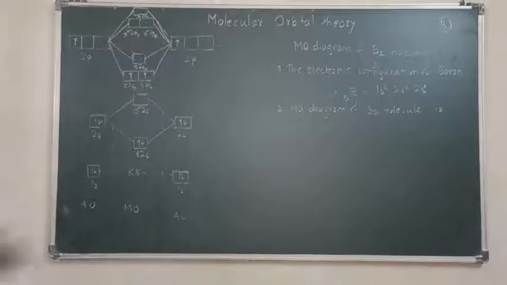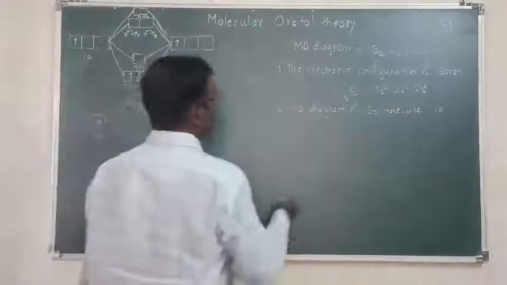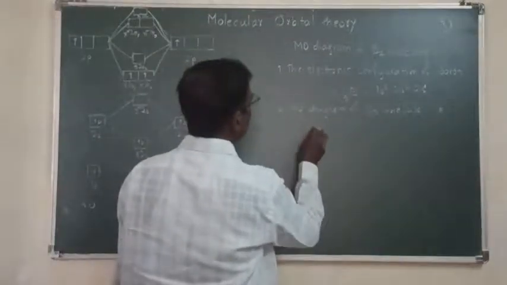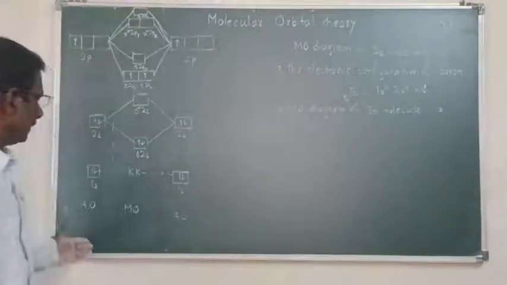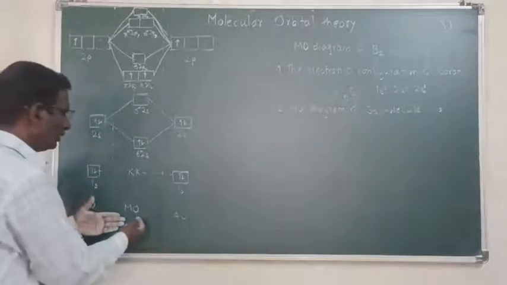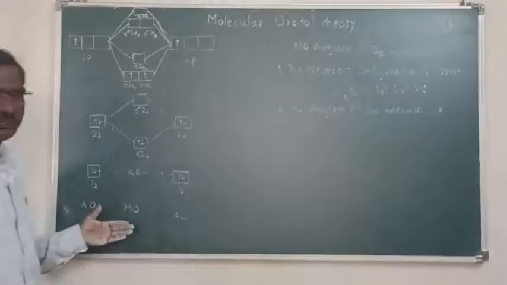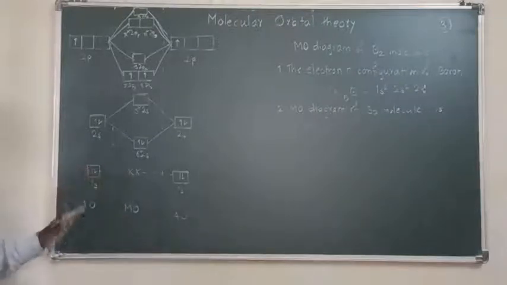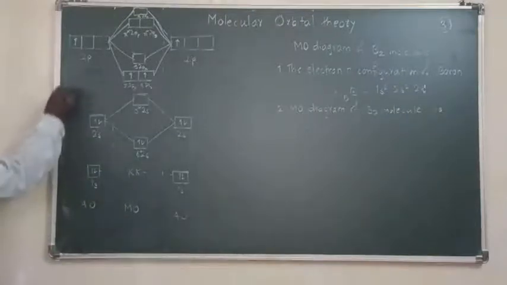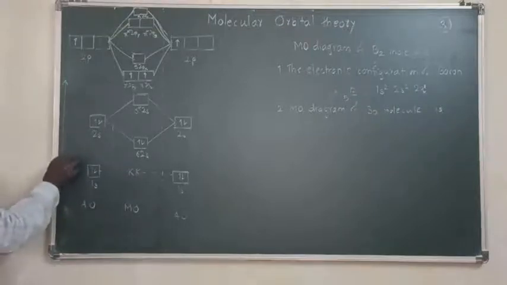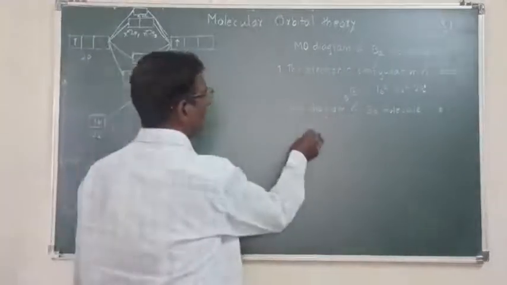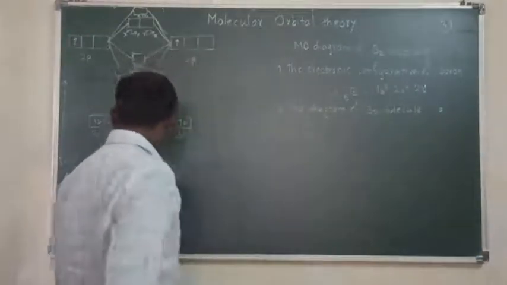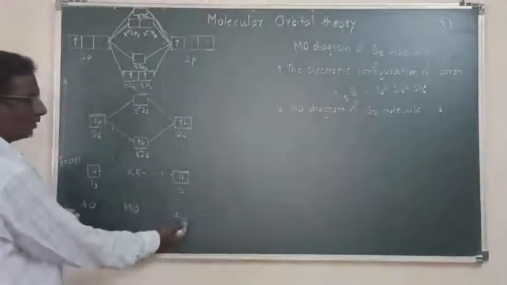Then from the MO diagram, we say five points. First point, atomic orbitals and molecular orbitals are arranged in the increasing order of their energy. Here is the energy. Then second point, atomic orbitals are shown to the two sides.